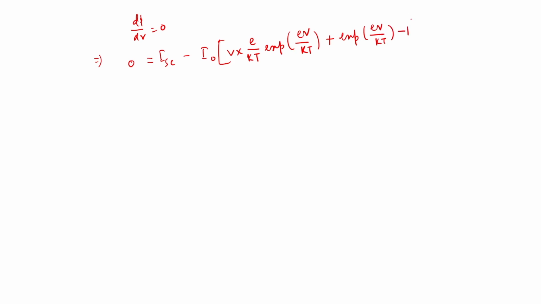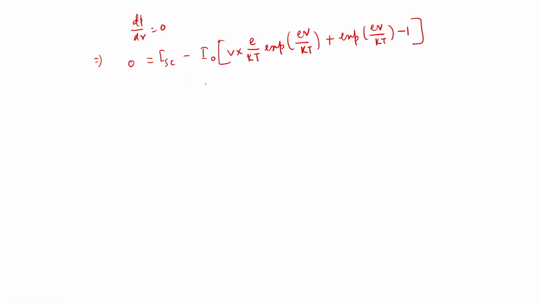Then what we will have is something like 0 is ISC minus I naught multiplied by E by KT exponential of EV by KT plus exponential of EV by KT minus 1. Okay.